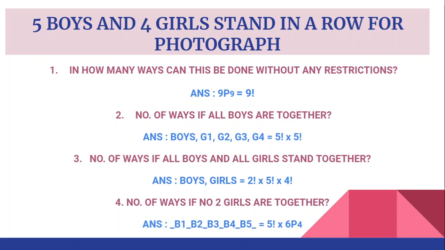So the boys are 5 and these 5 boys can be arranged in 5 factorial ways, and we have 1, 2, 3, 4, 5, 6 blank spaces which have to be filled by 4 girls. So 6 spaces have to be filled by 4 girls. n is 6, r is 4. So we have 5 factorial into 6P4, right?